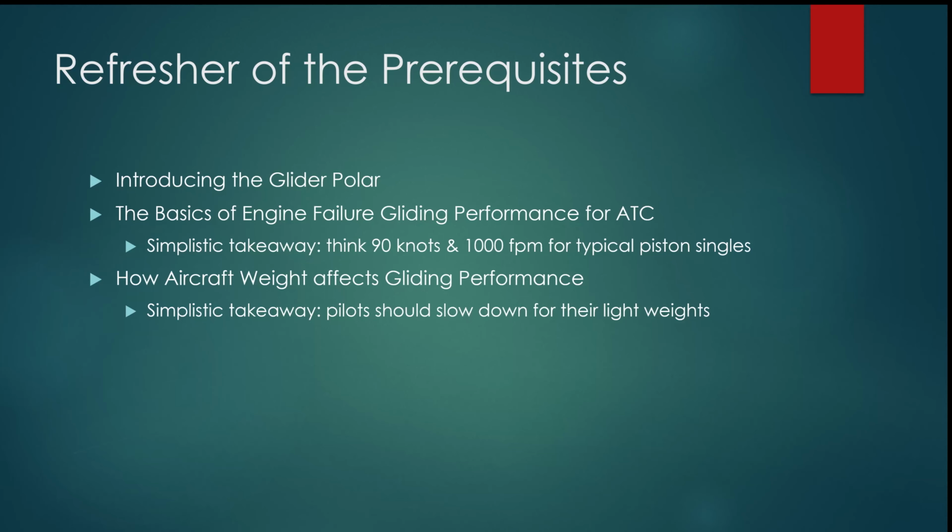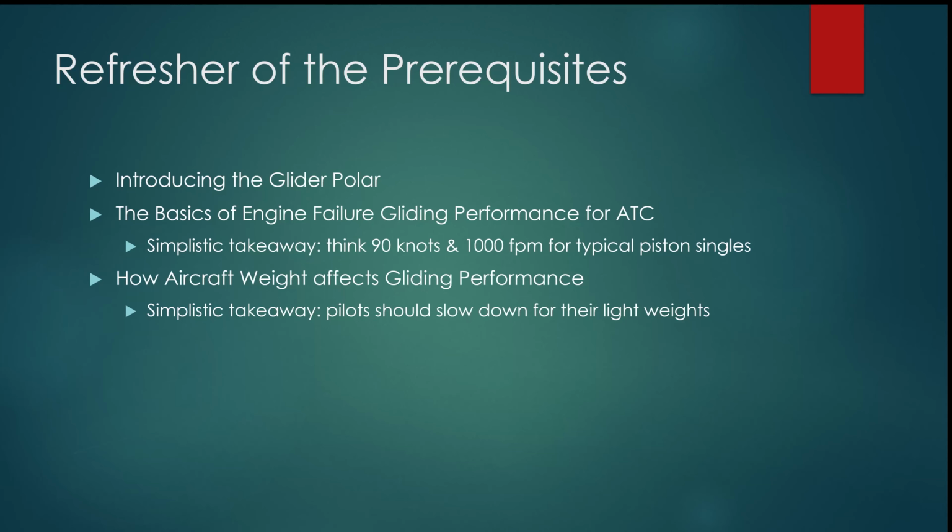And I mentioned that while that might be a tad optimistic in terms of the overall average that we would see as controllers out there in the real world, those are nice round numbers and they're very useful for teaching purposes. So to keep things simple, I'm going to assume that we're dealing with an airplane that's going to glide at about 90 knots airspeed, about 1,000 feet per minute, and that's going to make the mental math very easy.